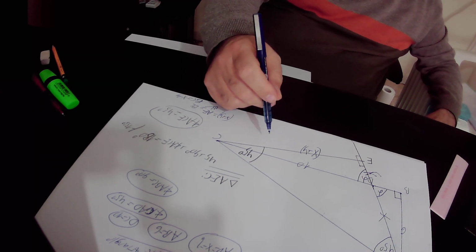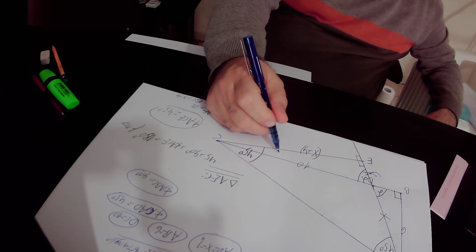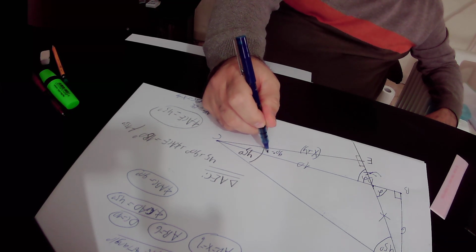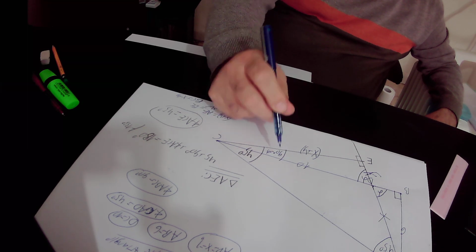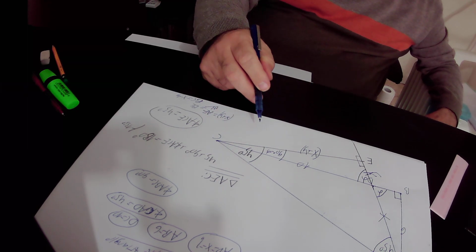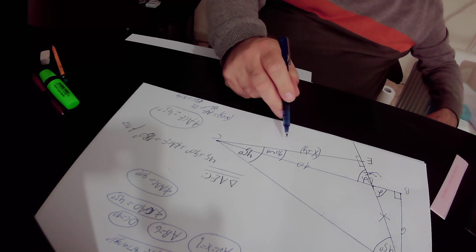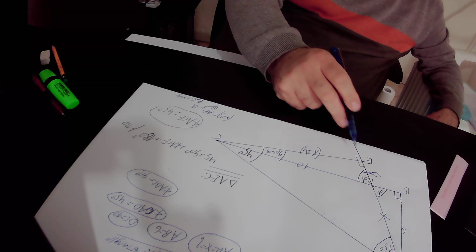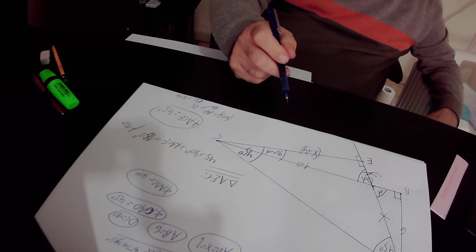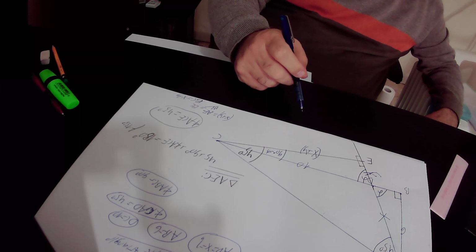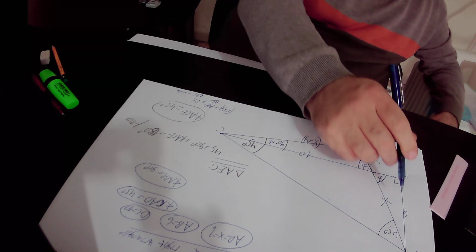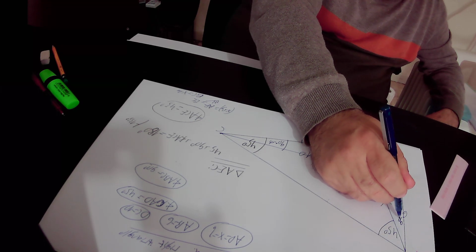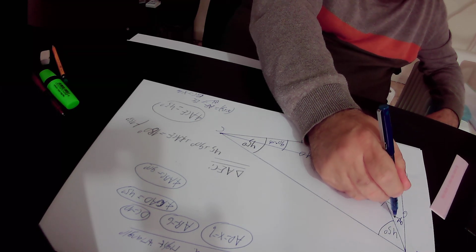So this angle must be equal to 90 degrees minus alpha in order to complete the sum of the angles in triangle EDC to 180 degrees. So 90 degrees minus alpha plus alpha is 90 degrees, and 90 degrees plus 90 degrees is 180 degrees. Likewise, from the same reason, this angle must also be equal to 90 degrees minus alpha.